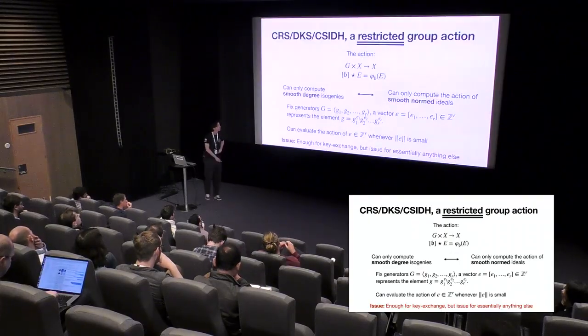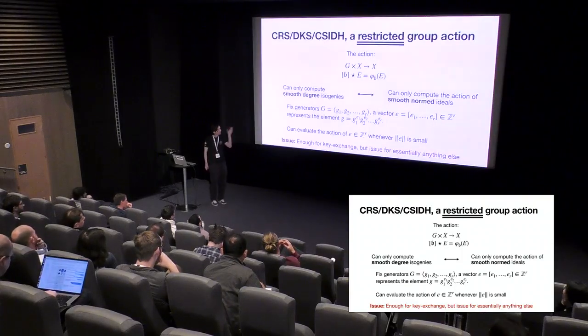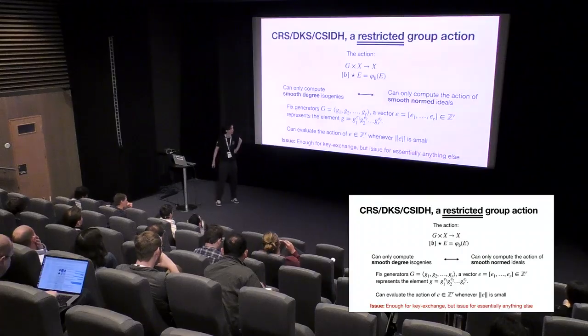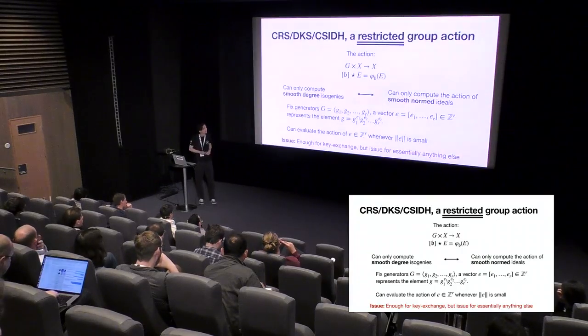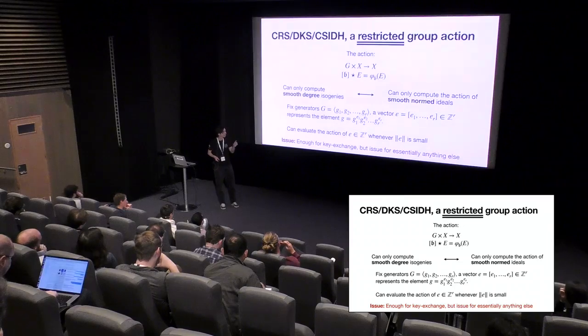So the way Seaside fixes this in practice is that you don't sample random group elements. You instead fix a nice basis of your group. Your group can be cyclic, but you just fix a bunch of generators either way, which are easy to evaluate. And then you essentially act by vectors, R tuples of integers.